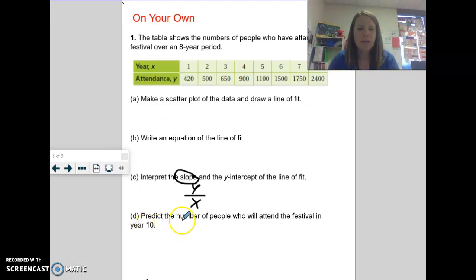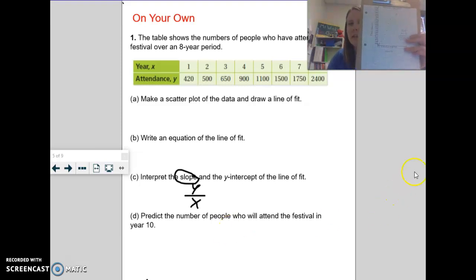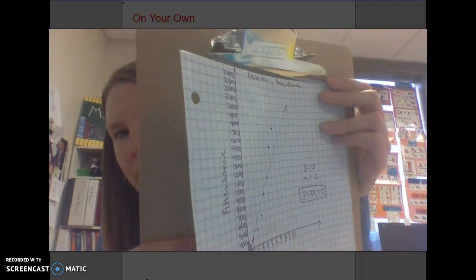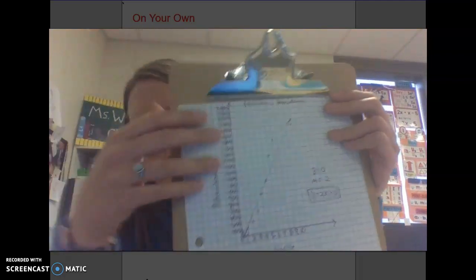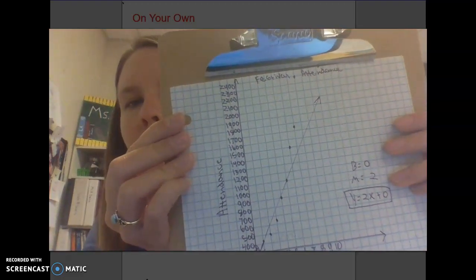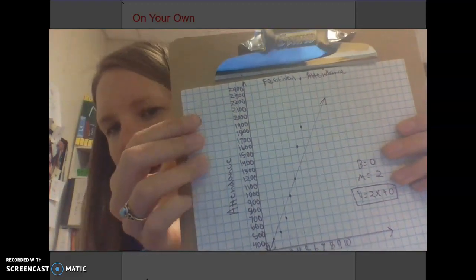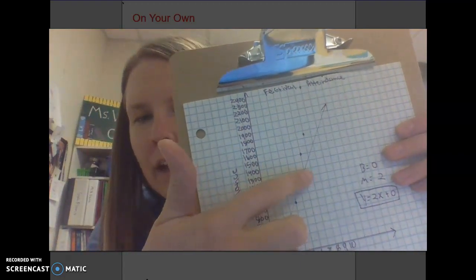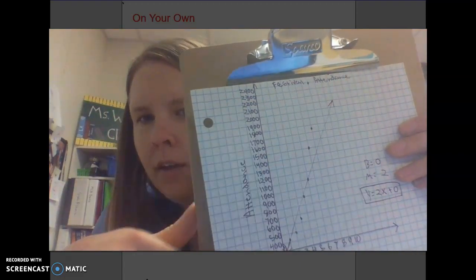And the last part is to predict the number of people who would attend the festival in year 10. Now, given my data, okay, again, let's look at this. Ooh, it's kind of falling off here. Sorry, guys. Let's fix this. Okay, given my data and that outlier piece, I could follow my line of best fit, but I can also see that it's kind of curving up, okay?